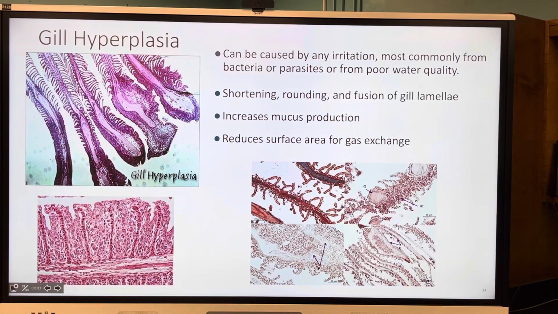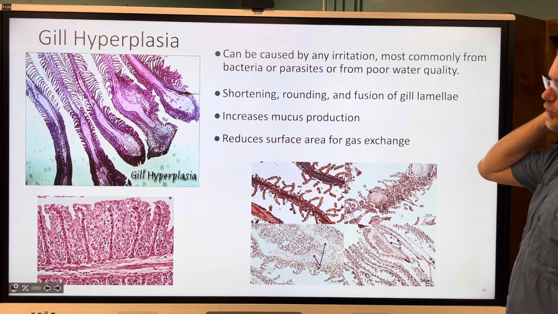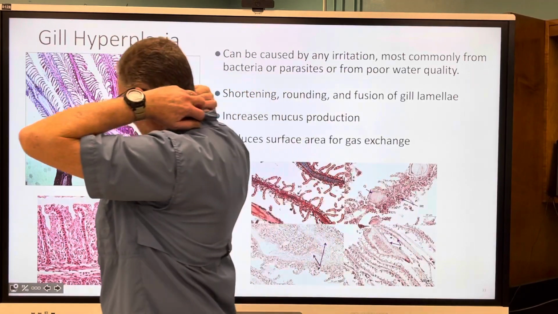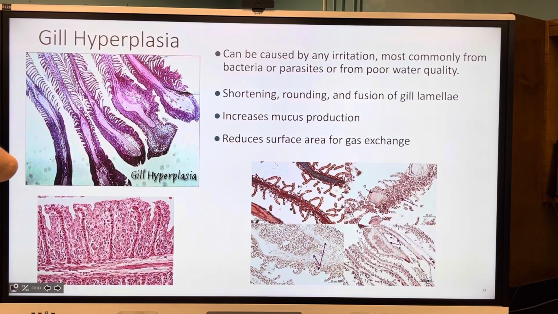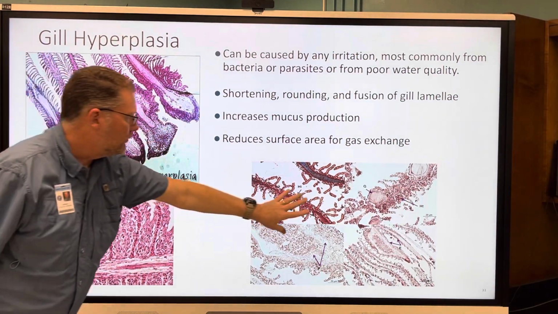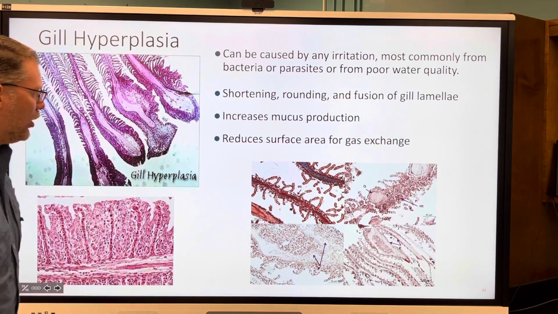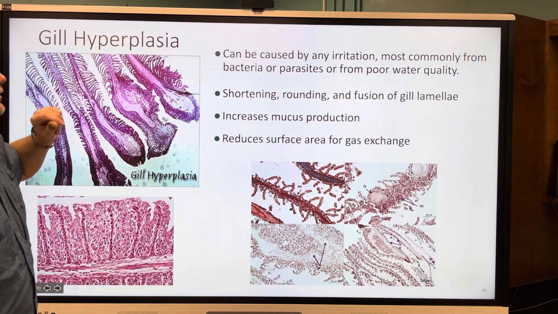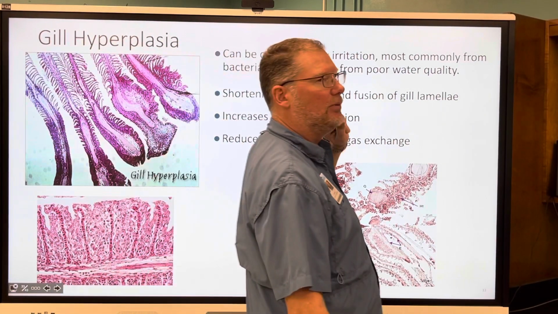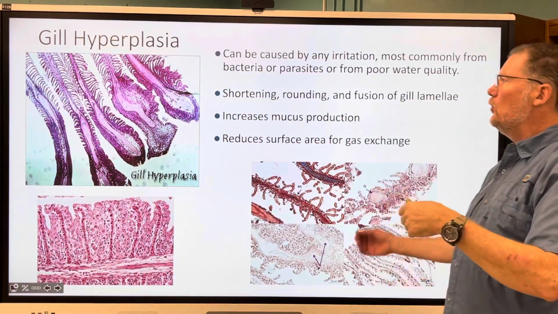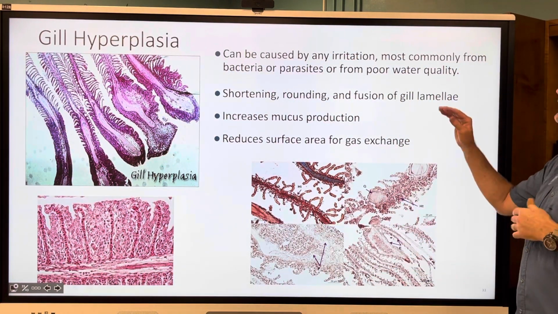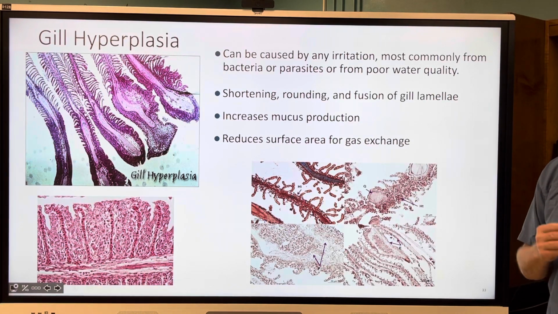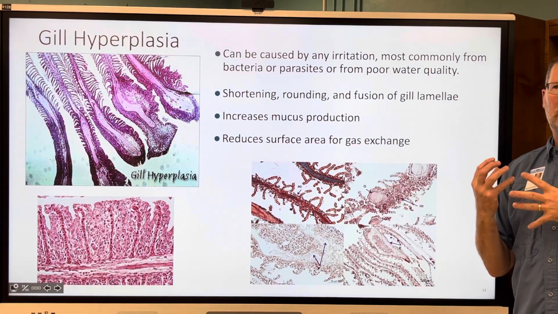One more slide after this and we're done. If you were to look at the lamellae of a gill and they looked abnormal, or broken apart or squished, that's called a gill hyperplasia, and that's caused most commonly by parasites or bacteria infection, or even poor water quality will damage these tissues.